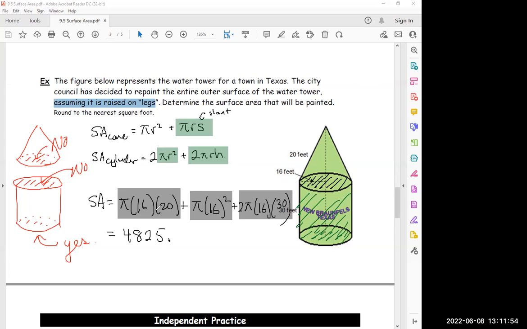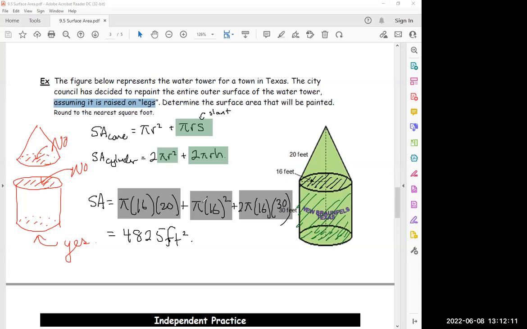So rounding to the nearest square foot, it will be this feet squared. Final answer. All the parts that are needed for the paint.